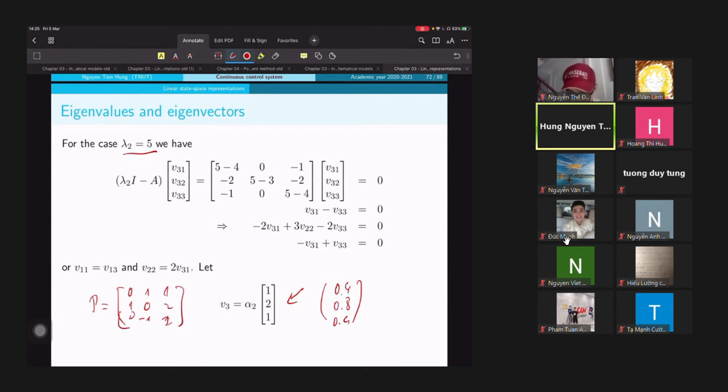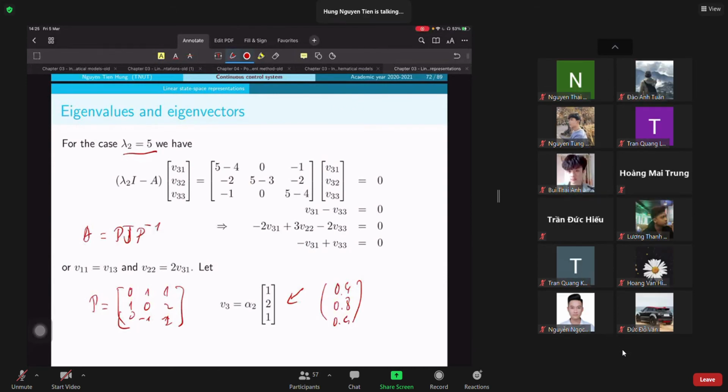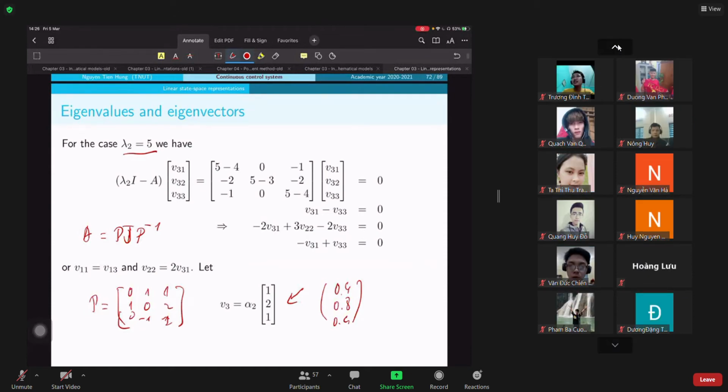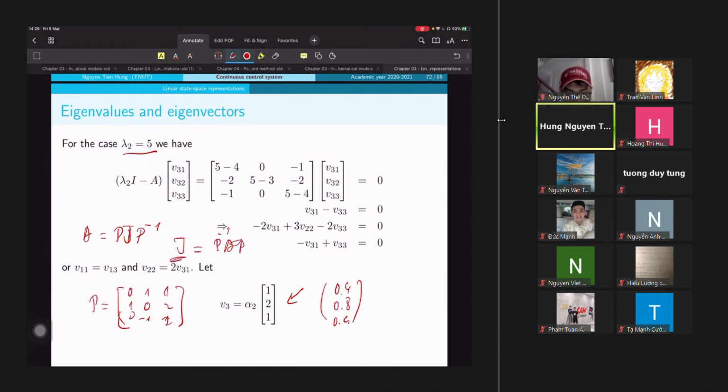So you can make sure that A equals P Z P minus 1. Or in other words, if we multiply P minus 1 A P, then Z is a Jordan matrix.